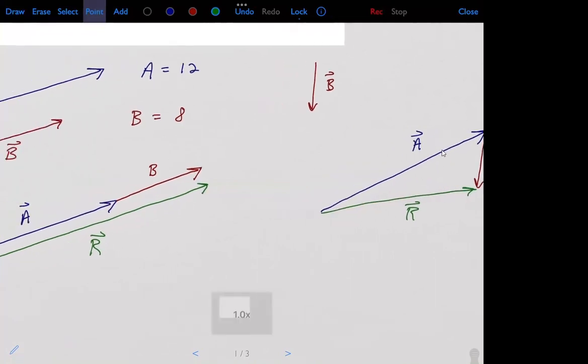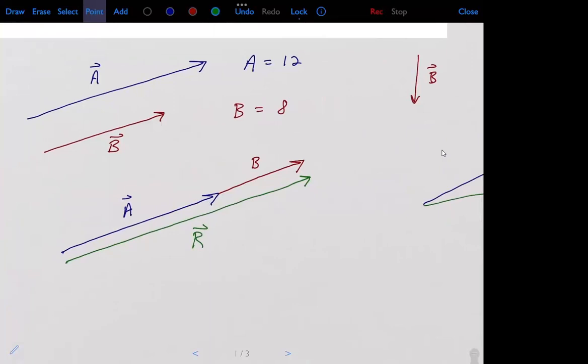So the longest it can possibly be is if they're pointing in the same direction. And I'll do this on the paper in a second.